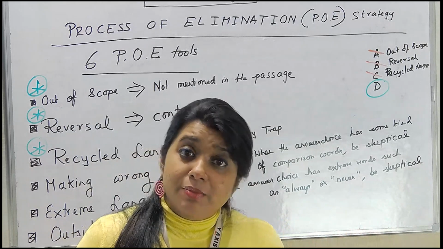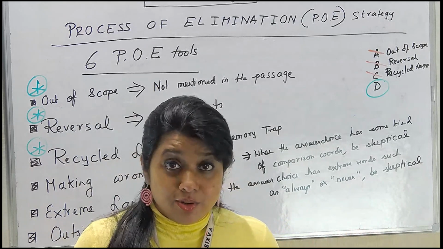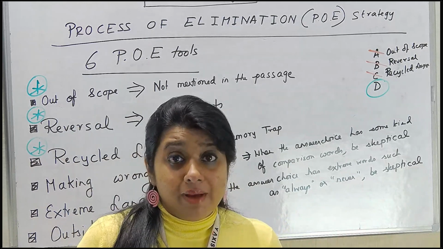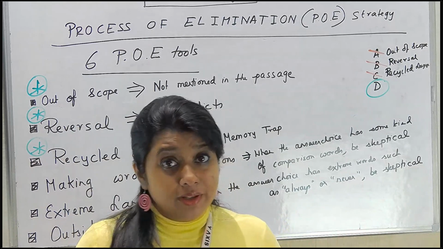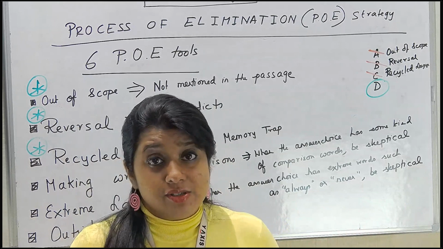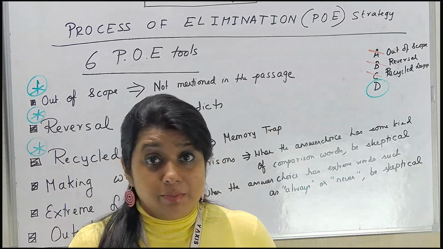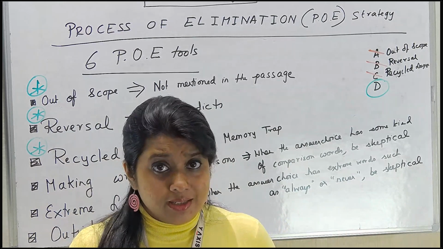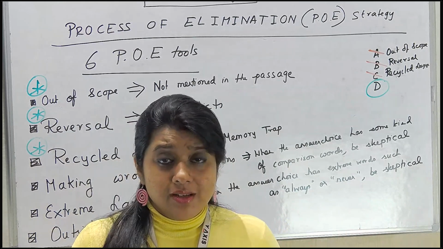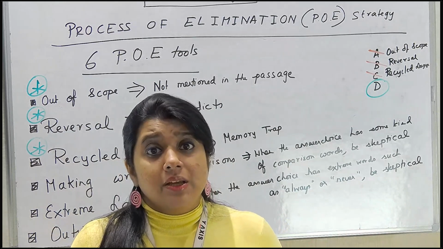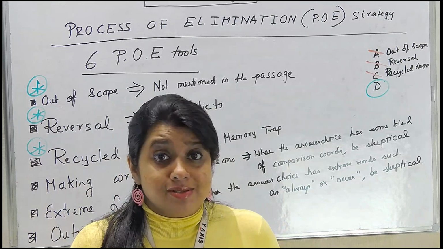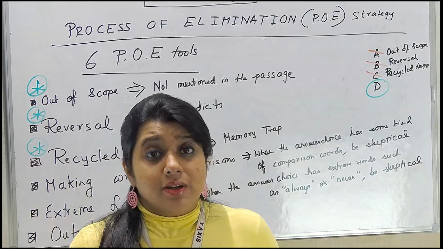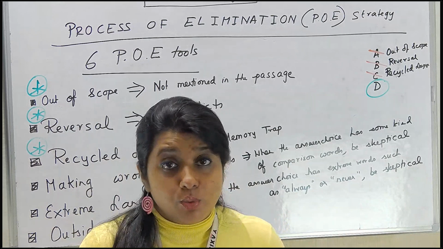But will I choose that answer because I know that to be correct? Not at all. I have to go back to the passage and see whether the passage also mentions that stress causes insomnia. If the passage does not mention that, on what basis will I choose that to be correct? So never choose an answer by being influenced, as in you know that to be correct, you have read that somewhere. No, not at all.